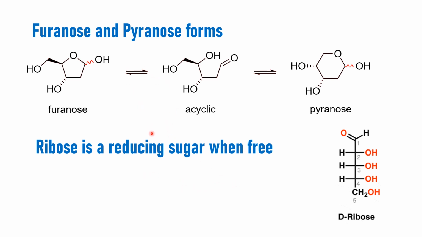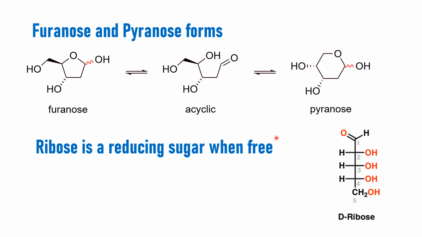So here what we want to see is that ribose sugar has the possibility of forming a pyranose ring and a furanose ring, and which ring system is more stable in the case of ribose. So the pyranose ring would involve this primary alcohol, but ribose forms a furanose ring only. And again, because it can open up for reaction when it is in a free state, ribose is a reducing sugar.